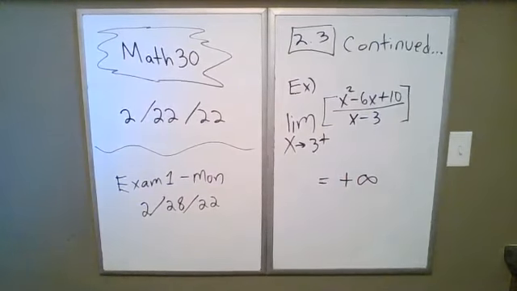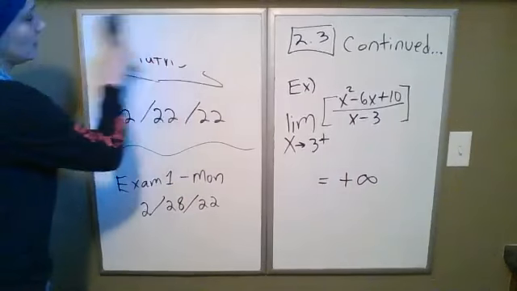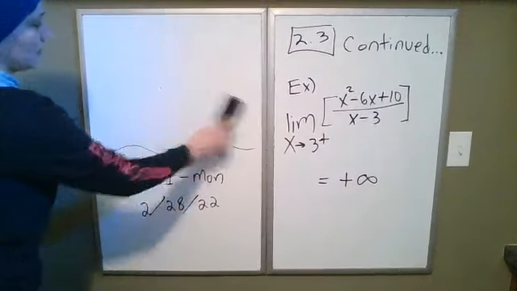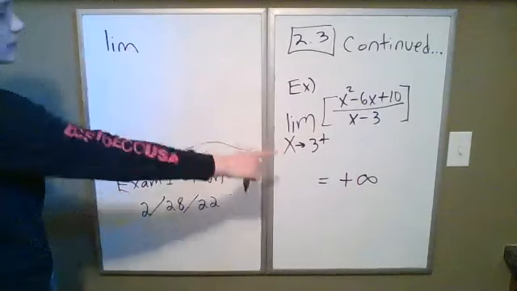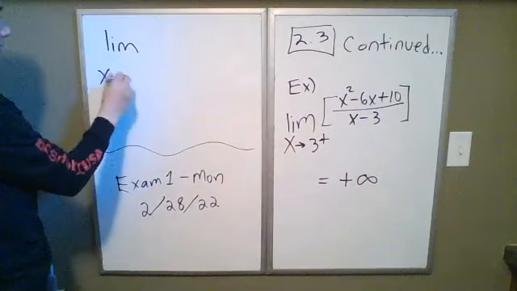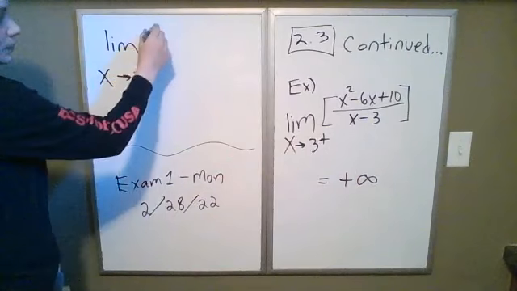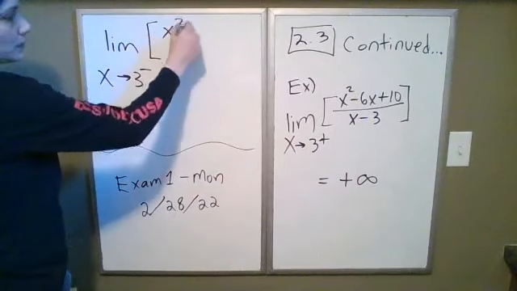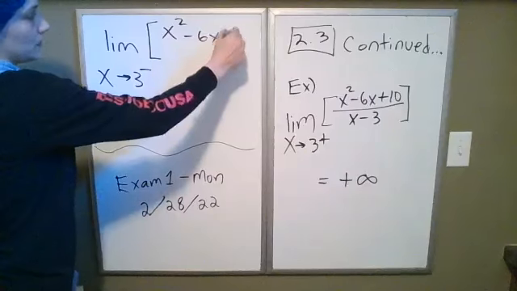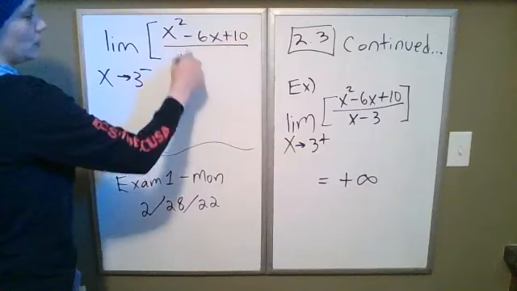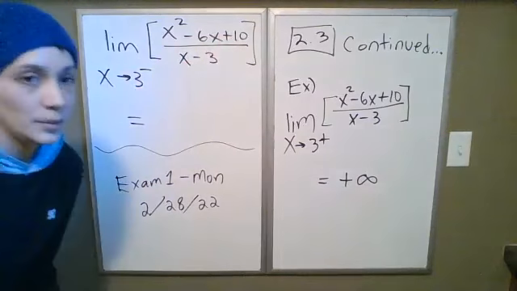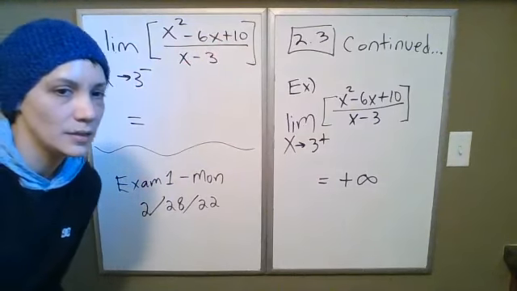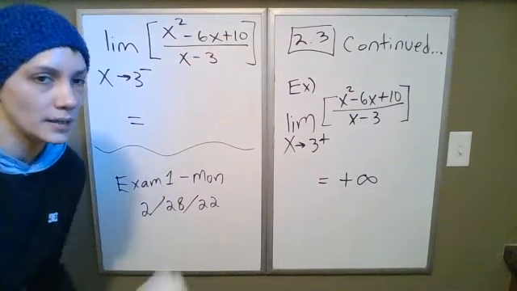Then on the left, this one was negative infinity. So the limit as x goes to 3 does not exist.